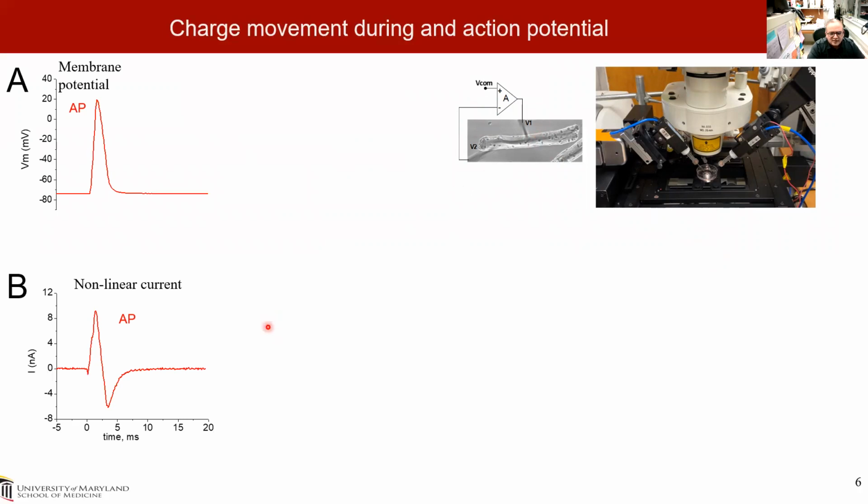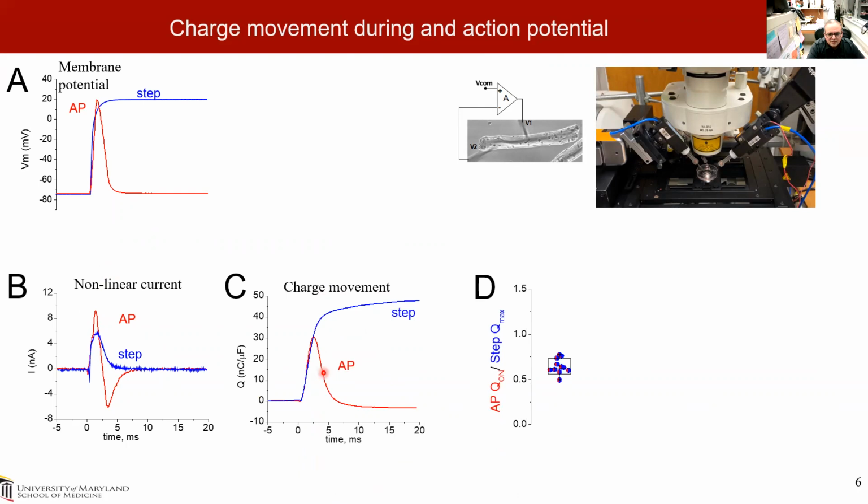Total current recorded under these conditions was corrected for linear components, giving the net nonlinear current in response to the action potential shown here in panel B. During the action potential, the voltage sensor initially moved outward during the depolarization and then reversed during and after the repolarization.